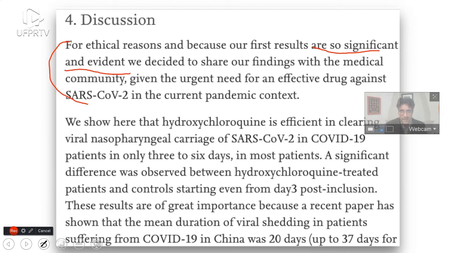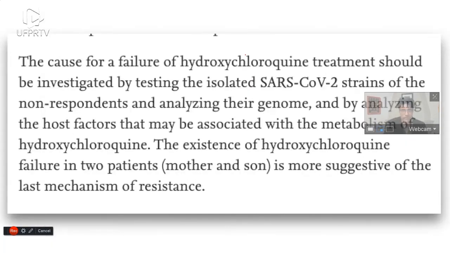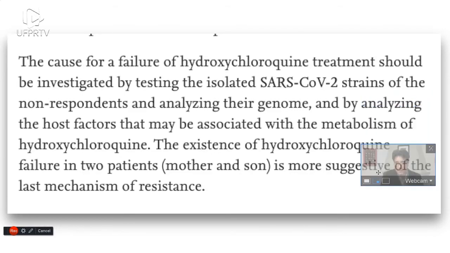And then they talk about all of the wonderful things that they claim hydroxychloroquine did with their patients. And then when they do talk about limitations, they talk about it like this.